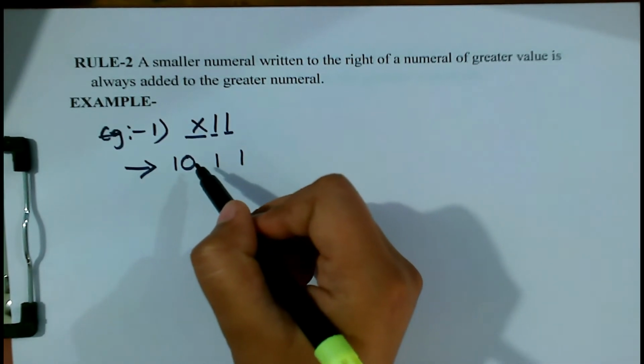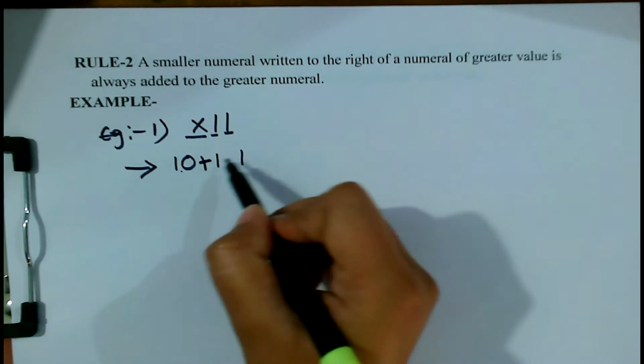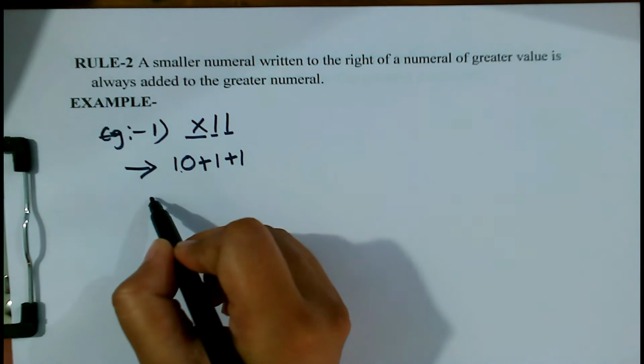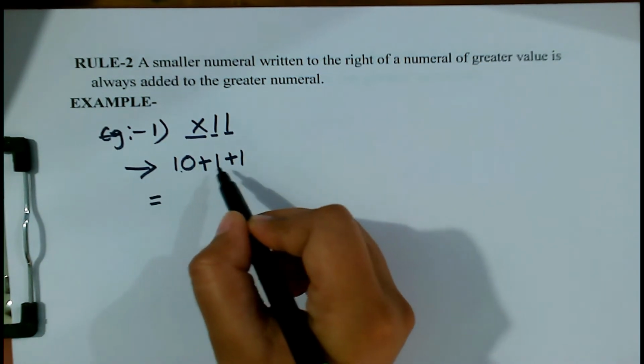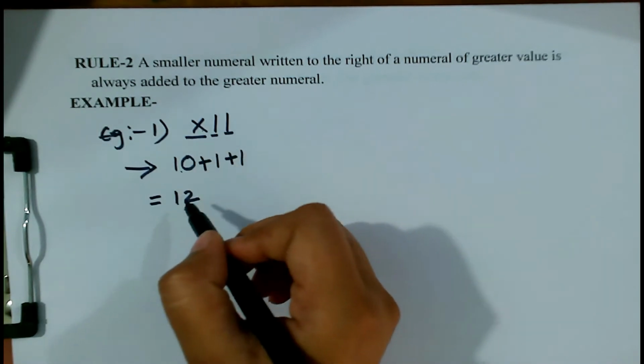So here it goes big to small, so it is addition. 10 plus 1 plus 1 is 12. This XII means 12.